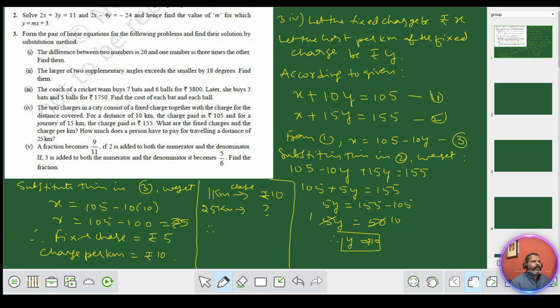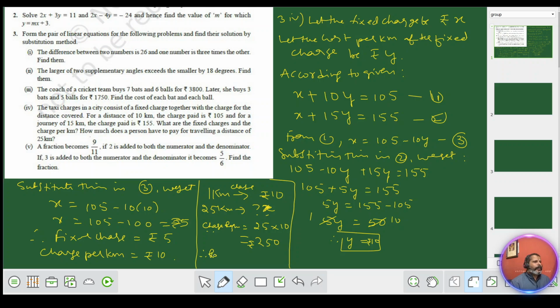Therefore, we'll say X here. X is taken, right? We'll say question mark. Therefore, charge required is equal to cross multiply, 25 into 10 by 1. So it's the same as 25 into 10, that is 250 rupees. Therefore, conclude it.